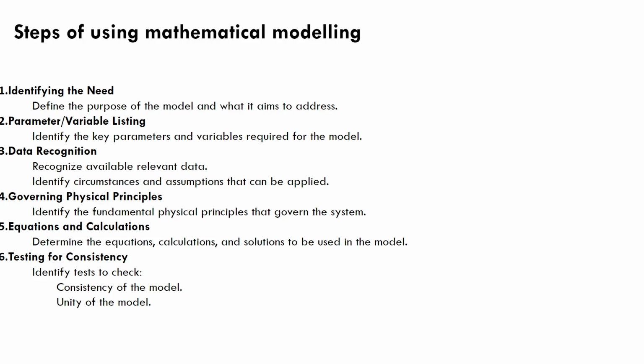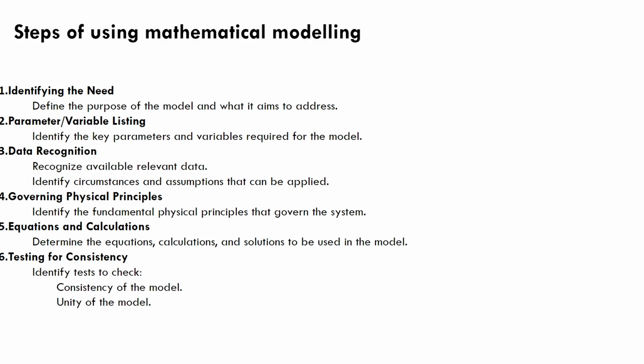So depending on your research question, you will basically build the model. It doesn't work the other way around. It doesn't work like this, that you first build the model, then you identify what to answer. It's actually the other way around. You identify what to answer, and then you build the model accordingly.